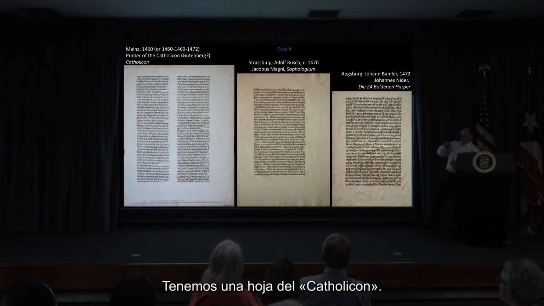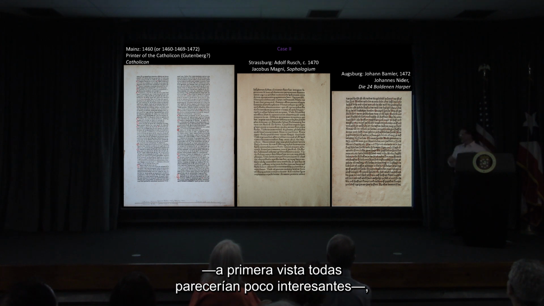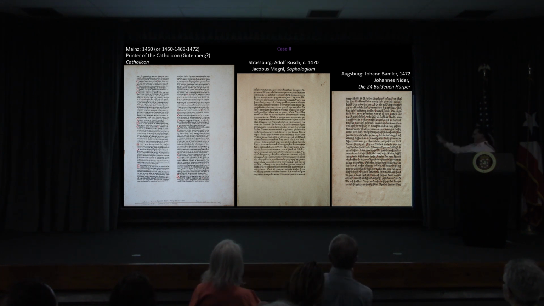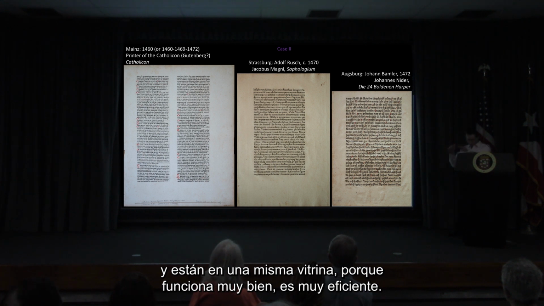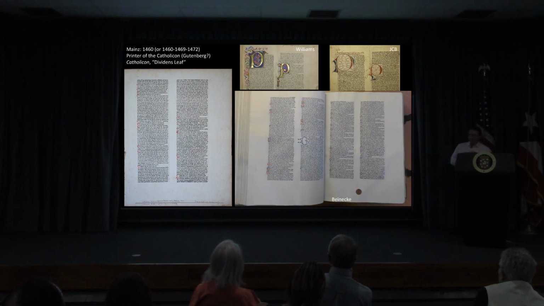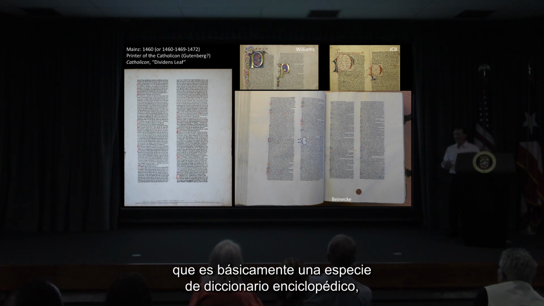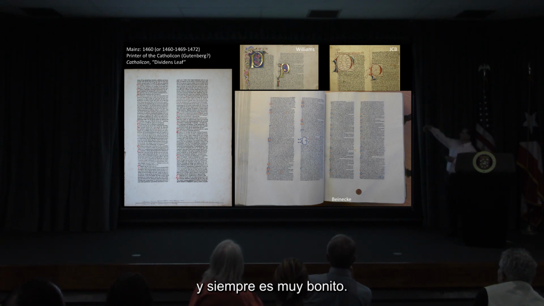So we have a Catholicon leaf, and I put it together with 2 other seemingly innocuous, seemingly uninteresting leaves. But take, for instance, the Catholicon, part of another big book, not quite as big as the Gutenberg Bible, but it's a big book, basically an encyclopedic dictionary, which is always very nice.